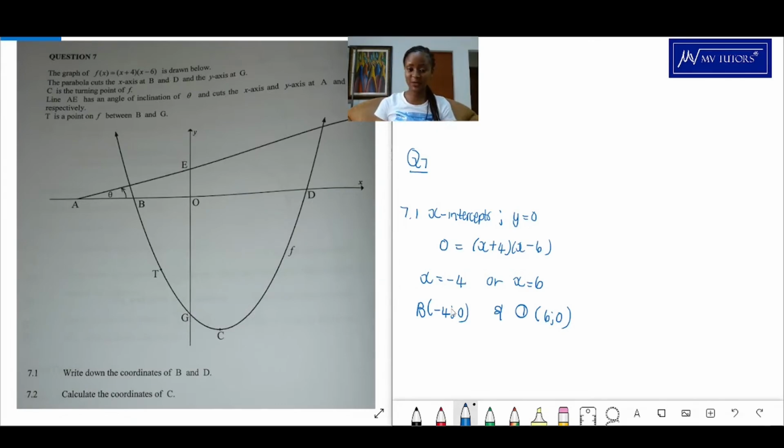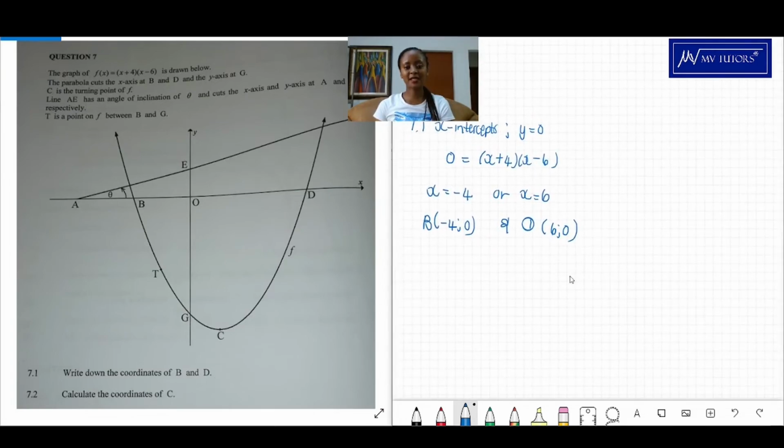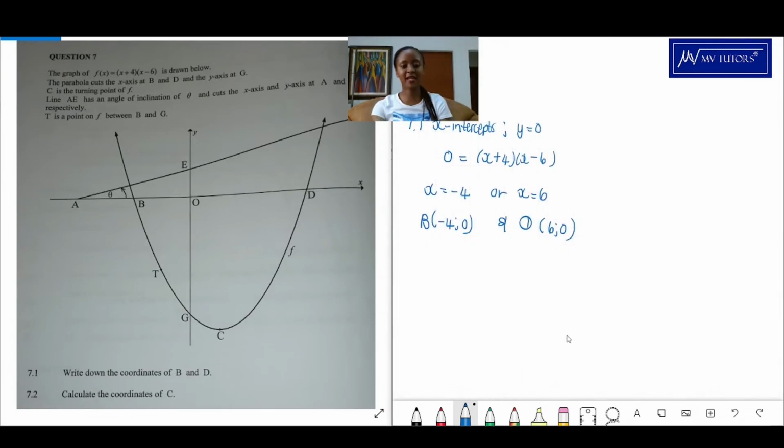Now for 7.2, they want the coordinates of C, the turning point. With the turning point, you can use the formula or you can just look graphically at the x-axis to find the x coordinate of C. I'm going to use the equation, -b over 2a.